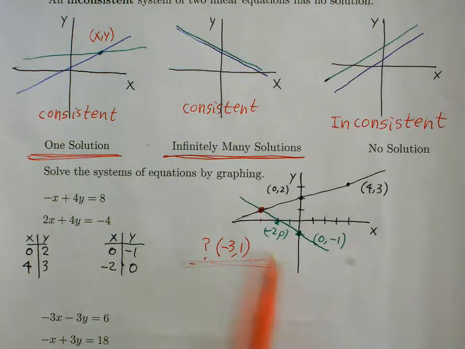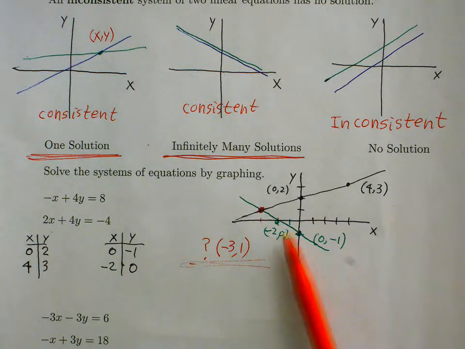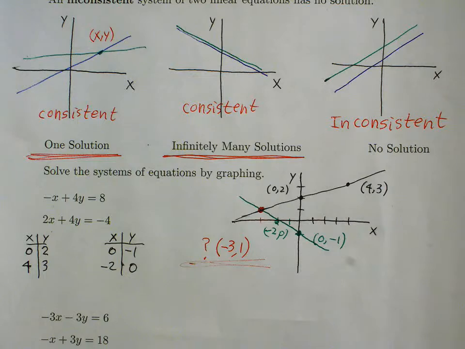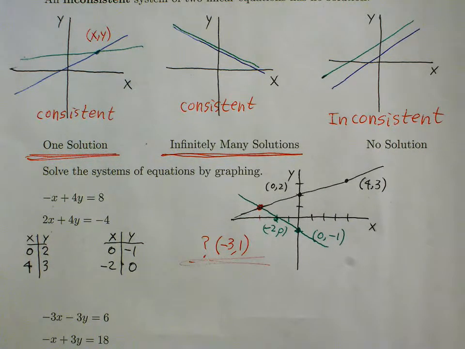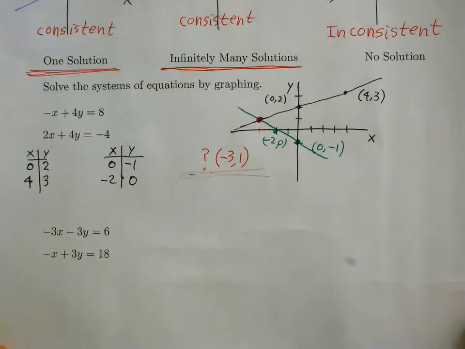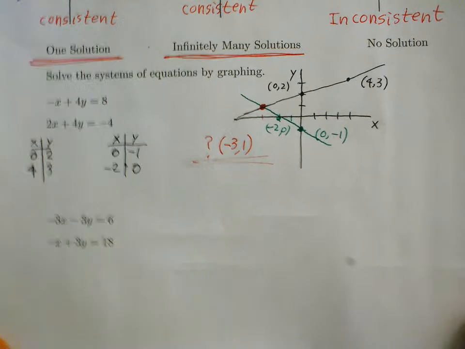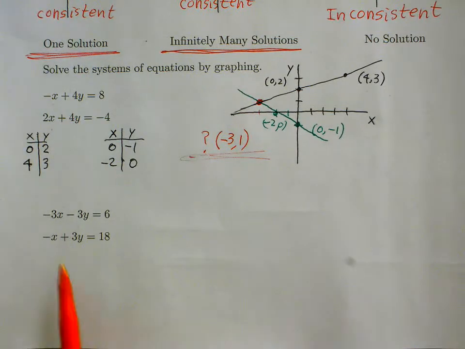So in this example, because I didn't graph very accurately, we didn't find the solution. So let's move on to the next example. Maybe this one will work out more nicely. Let's see if we can solve this system by graphing.